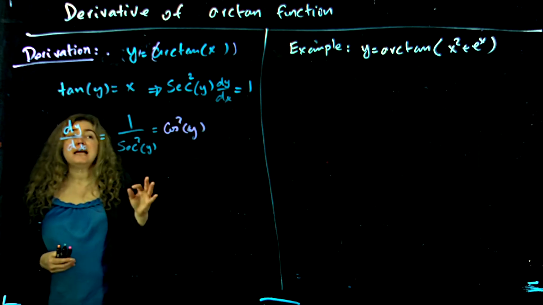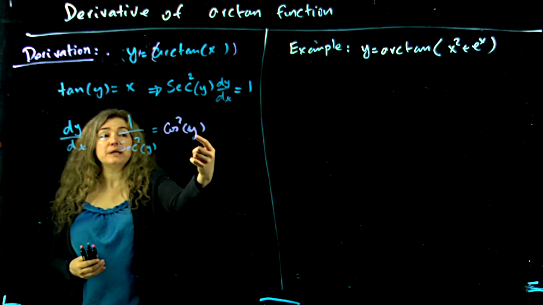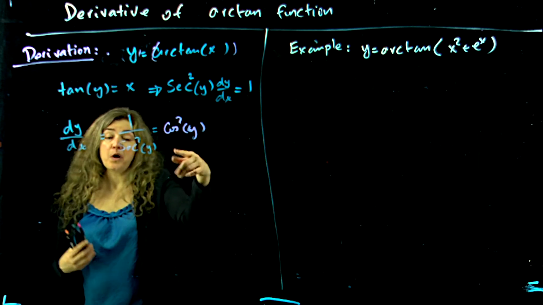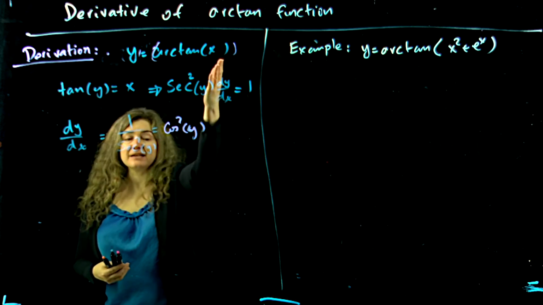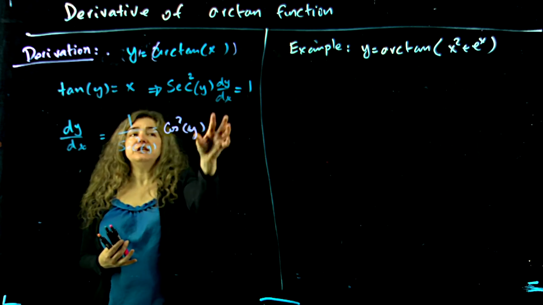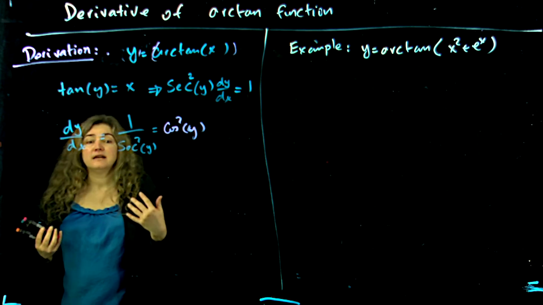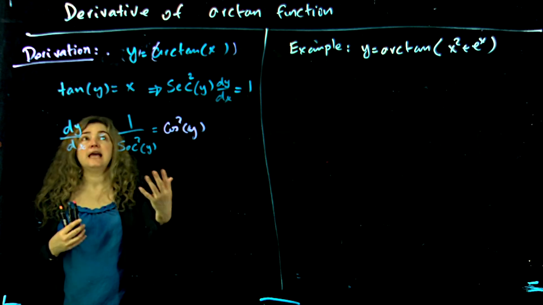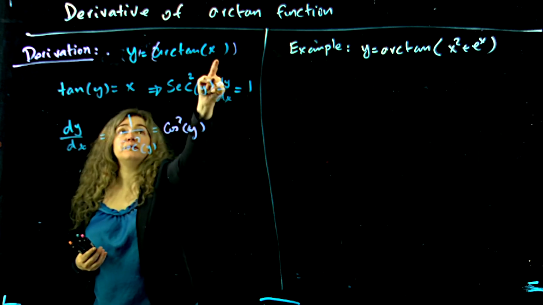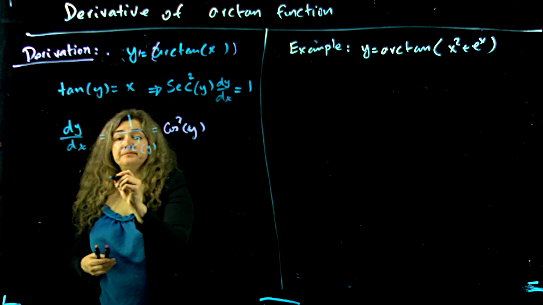Now, I do not want the input to be y. What I want for input is x. Can I rewrite y to get x? Yes, I can replace y by what I have over there.